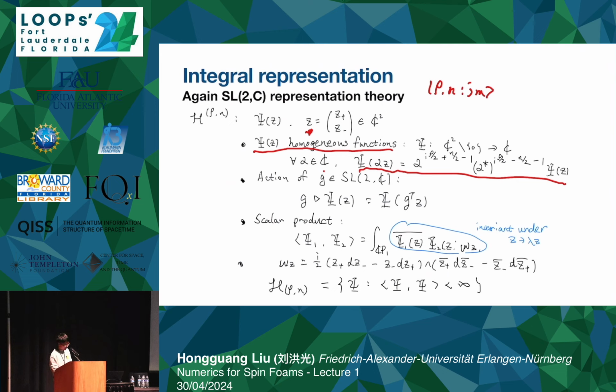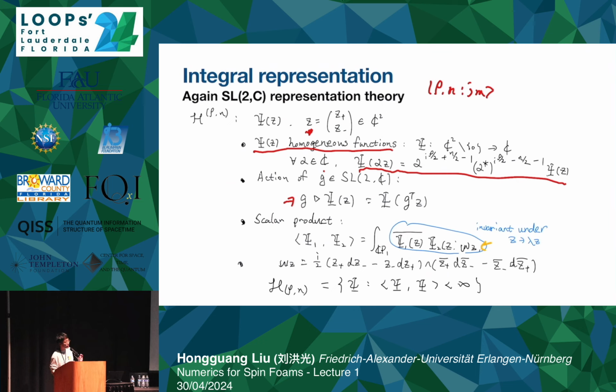The SL2C unitary irreducible representation is realized on this space of homogeneous functions in the following way. First, the action of the SL2C group element is just an action on these homogeneous functions, becoming an action on the spinors with the transpose of the group elements. Then we have the scalar product of the Hilbert space, given by the standard complex conjugation with a very special measure.